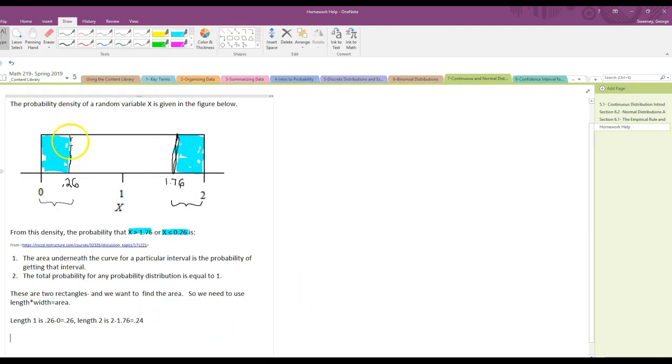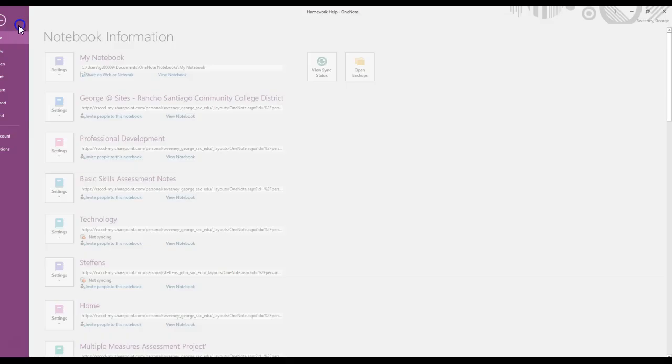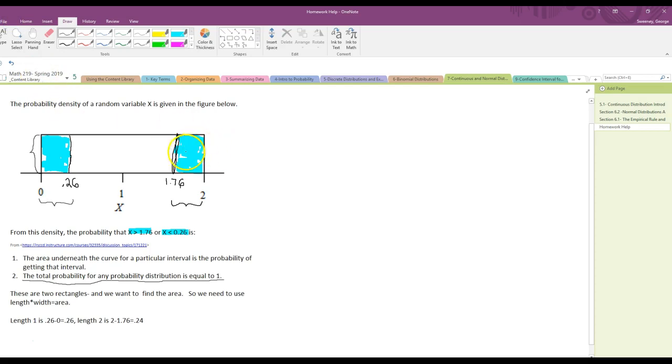Now we need to figure out the height. How big is this? That's actually not all that bad either. We're going to use the second fact, that the total probability for any probability distribution is equal to 1. The whole length for the entire box is 2, because it goes from 0 to 2.